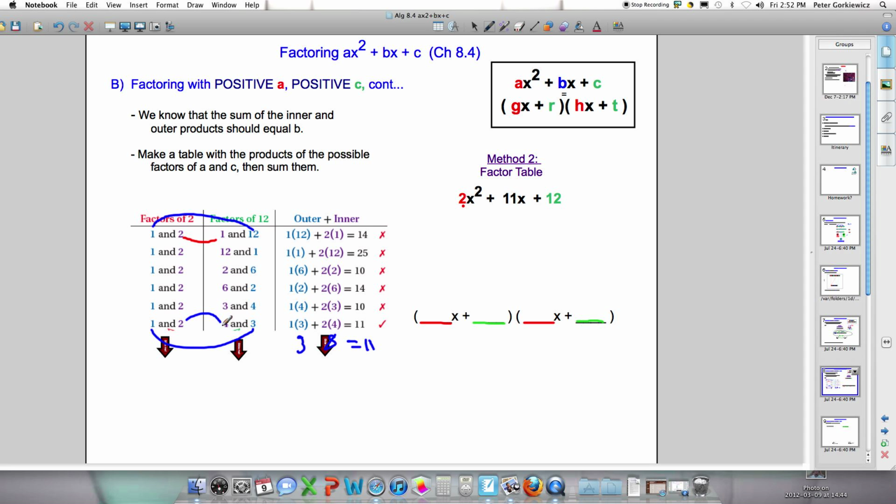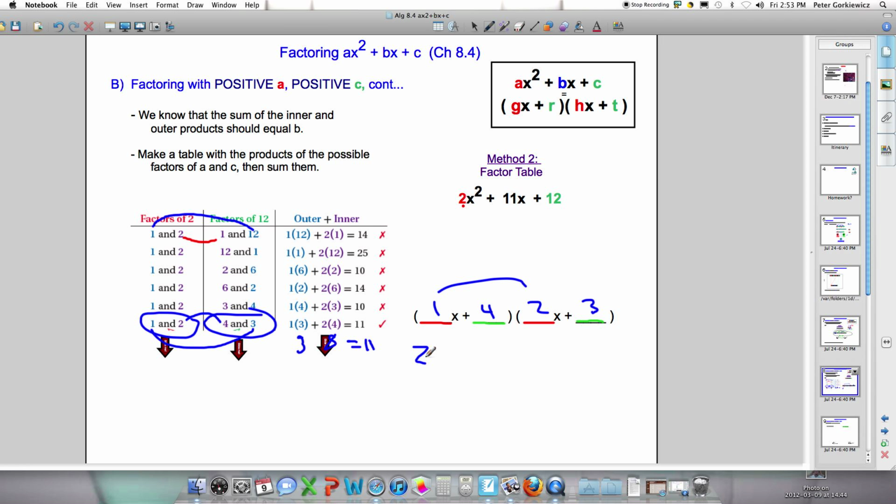So we know we're going to use these sets. We know we're going to use 1 and 2 and 4 and 3. So we know that 1 and 2 are going to go in here, and 4 and 3 are going to go in here, in that order.